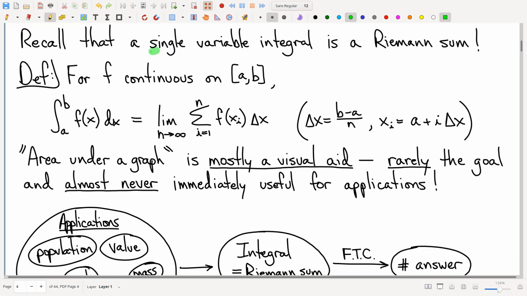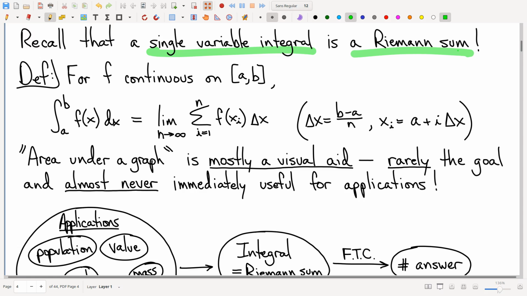And specifically, a single variable integral, it's very important that we be all on the same page here, is a Riemann sum. Area under the curve is a nice little application, I suppose, but it's not that useful, and it's certainly not a good definition. The formula f of b minus f of a is a wonderfully powerful theorem, but it's not a definition.